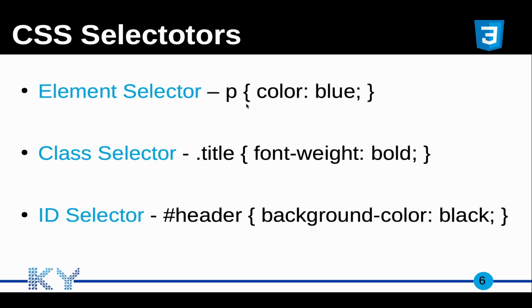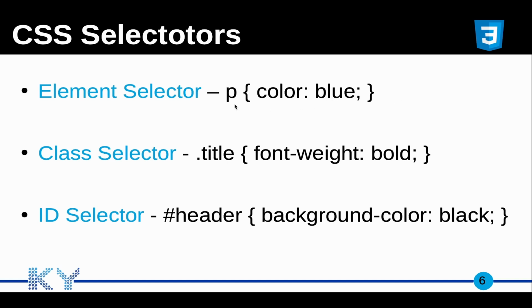And when you are done with that, all paragraphs on your website in your HTML file will take on the rule that you have stated within the curly brackets. So if I want paragraphs to take a color of blue, all paragraphs would now be colored blue. So I hope you understand that.